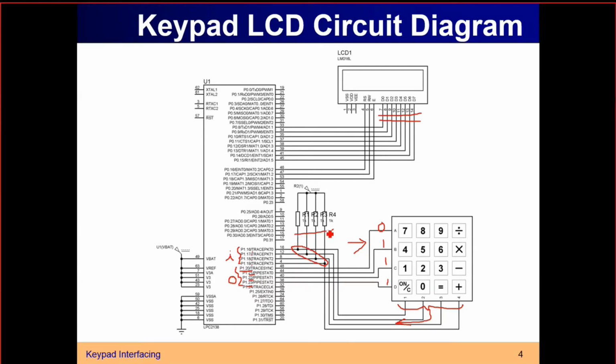Why? Because this pull up resistance is very important. Otherwise, the input pins will be in floating state, and your data will be wrong. Sometimes it will be read as 0, sometimes as 1. So whenever you are using an input, all the pins should be pulled up to VCC or pulled down to ground according to the program.